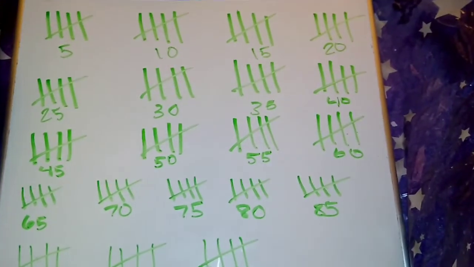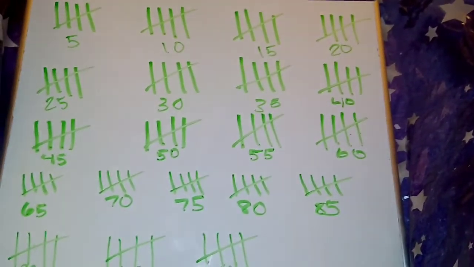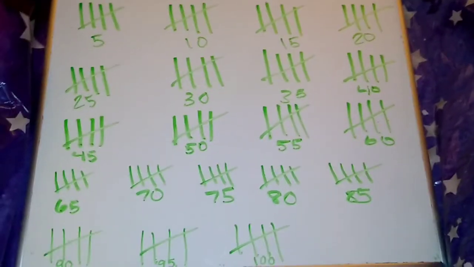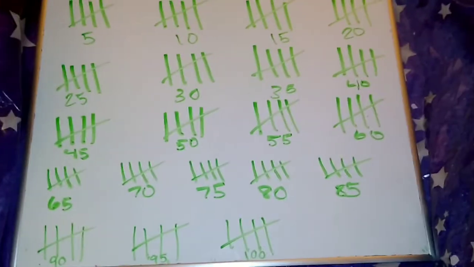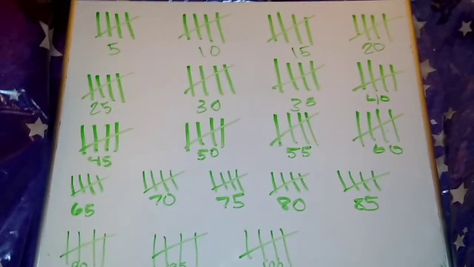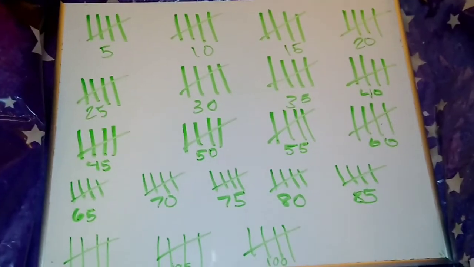The great thing about tally marks for us is that it gives us another way to teach Rayla how to count by 5s. So I figured I'll put this little snippet in there about counting by 5s by using tally marks. So we're going to count by 5s to 100. You ready, Raylan?